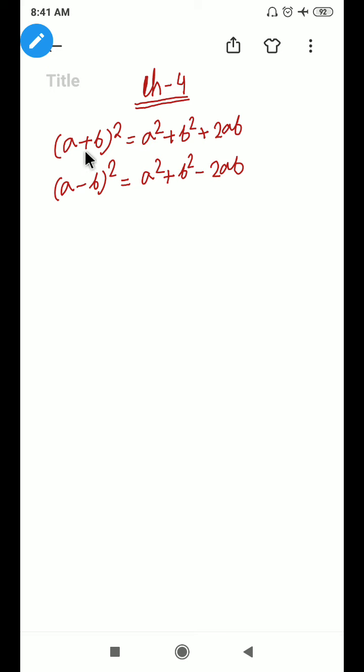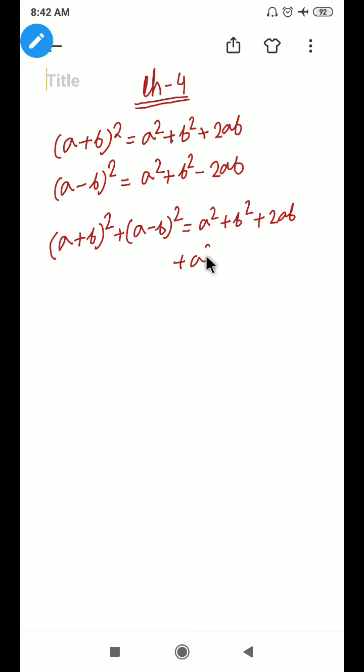If you add (a plus b) whole square and (a minus b) whole square, then what happens? It will be a square plus b square plus 2ab, plus a square plus b square minus 2ab.